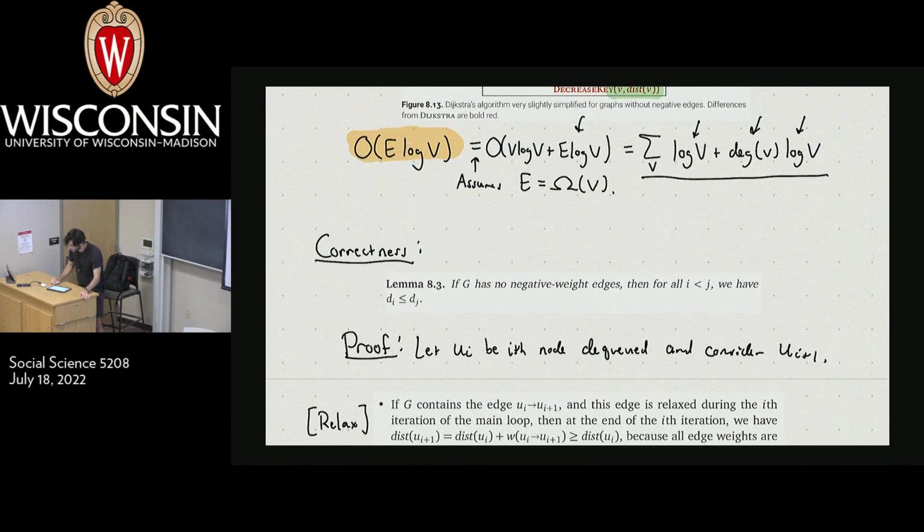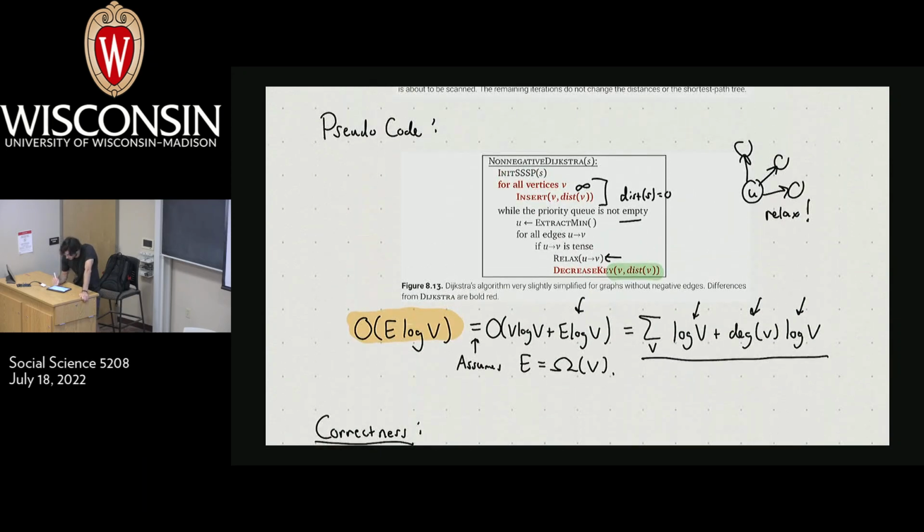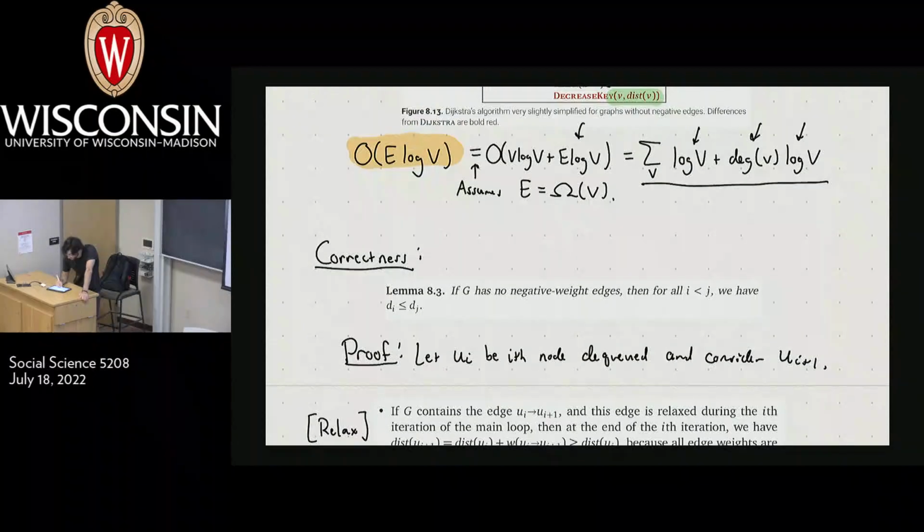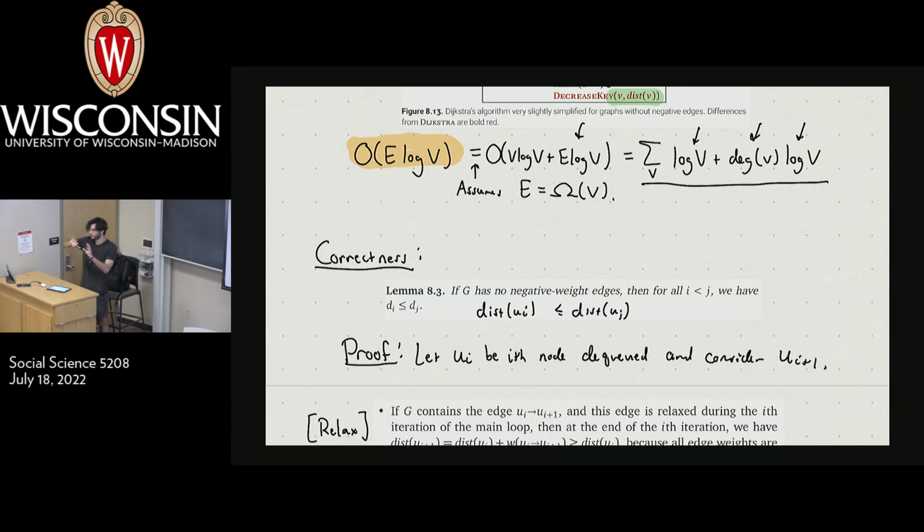If G has no negative weight edges, consider each iteration. On the ith iteration, let's say the node popped off was ui, and on the jth iteration, it was uj. Then we want to prove that the distance of ui is smaller than the distance of uj. So things that we pop off the queue later must be farther from S.